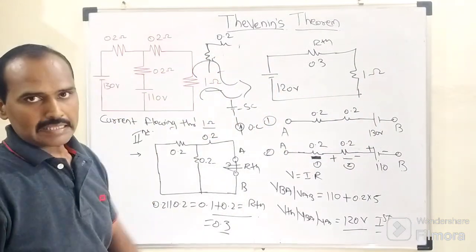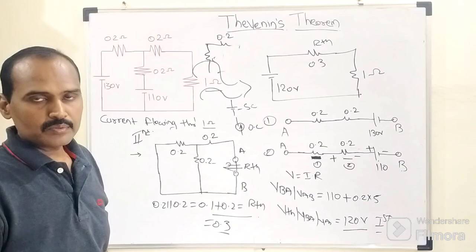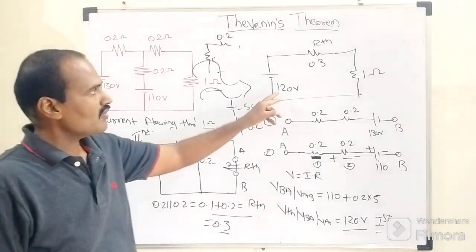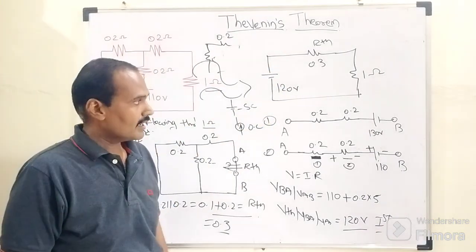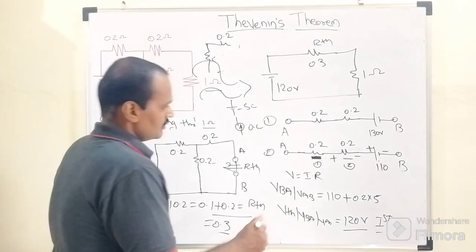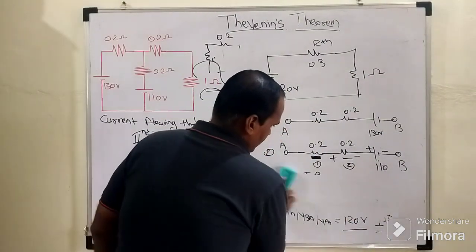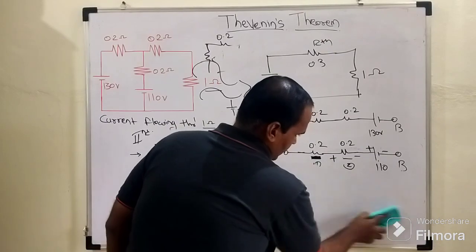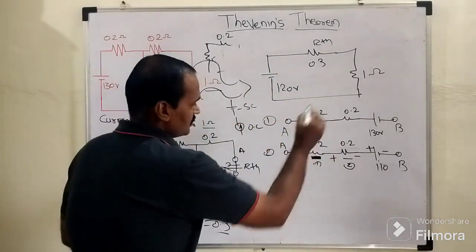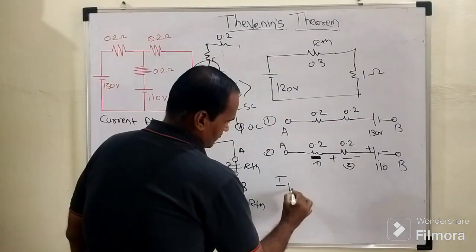This is how the circuit is converted into Thevenin's equivalent circuit by virtue of VTH and RTH. Finally, we need to determine the current flowing through this 1 ohm resistor.